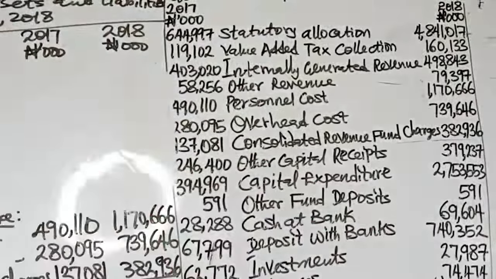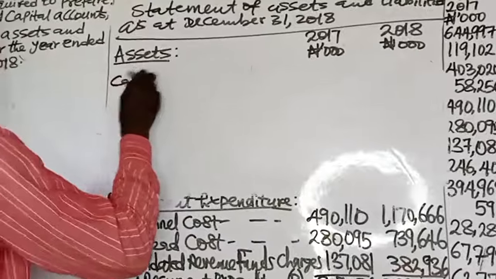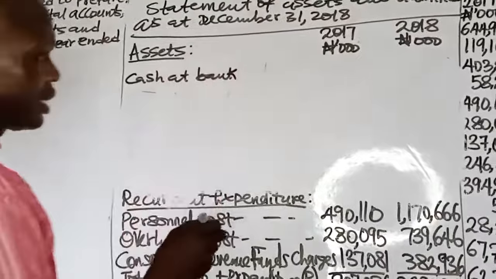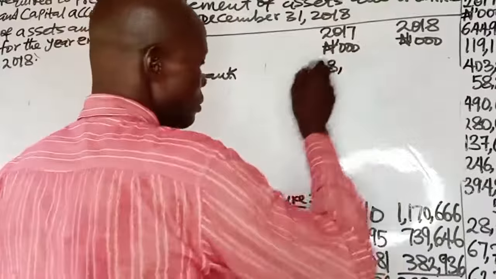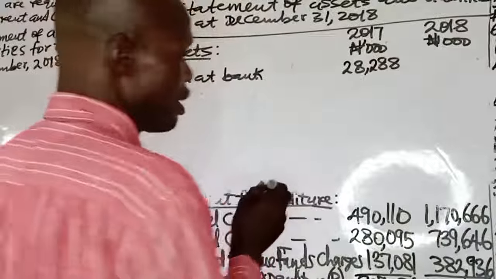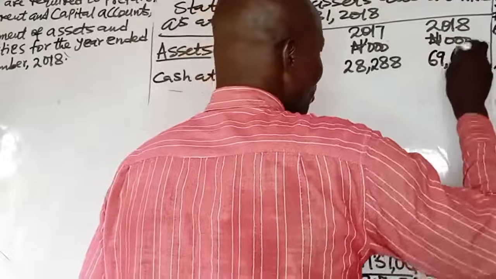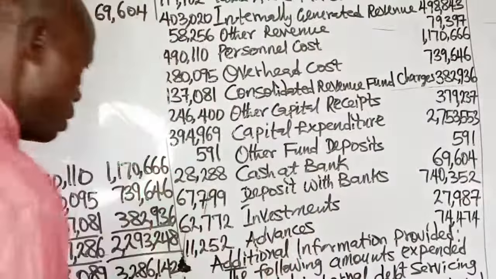Cash at bank, 2017, 28,288. 2018, we have 69,604.